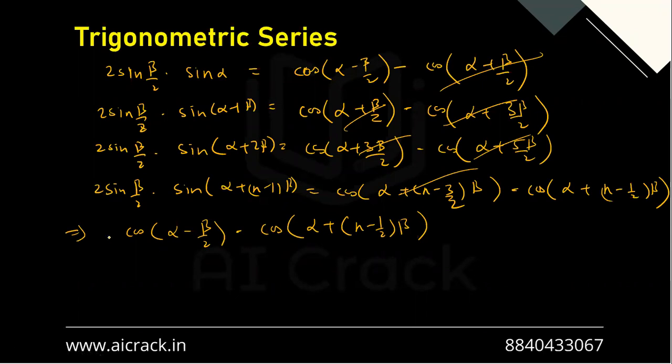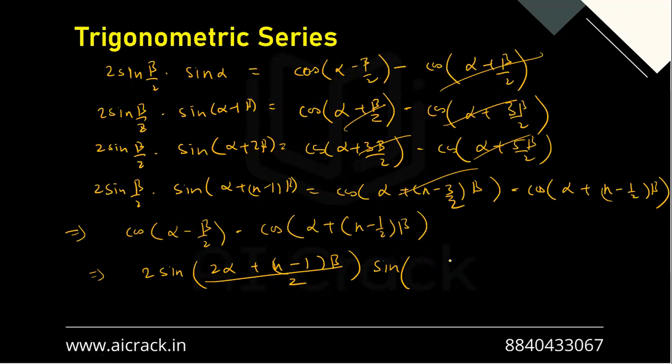Now this will be cos c minus cos d. Cos c minus cos d is 2 times sine of c plus d by 2. So that will give me 2 alpha plus n minus 1 beta divided by 2 times sine of d minus c, this minus this one.